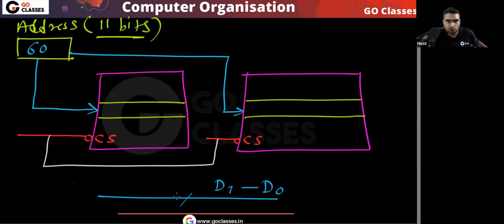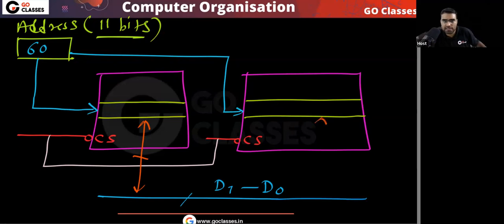And from where will these 8 data lines come? Very simple. These 4 data lines that you have here, I will consider as MSB, and these 4 data lines I will consider as LSB.